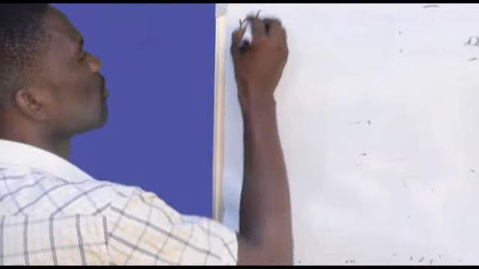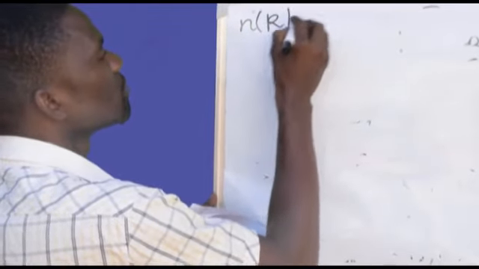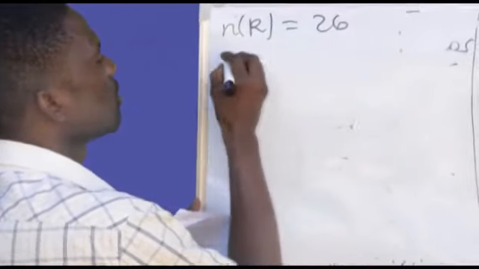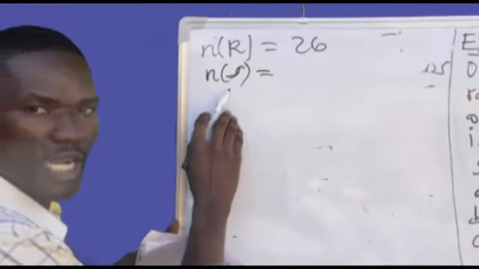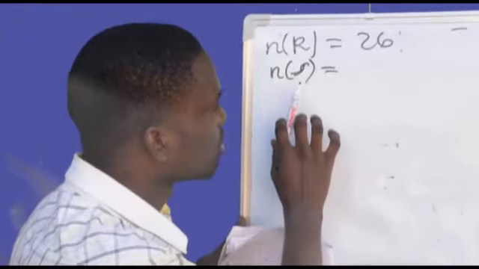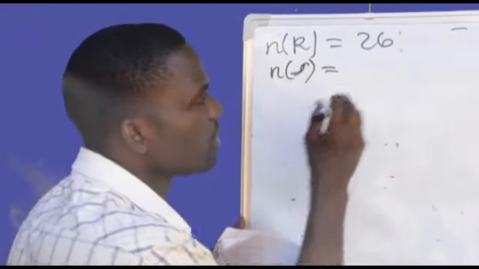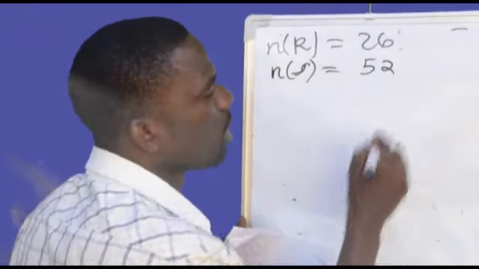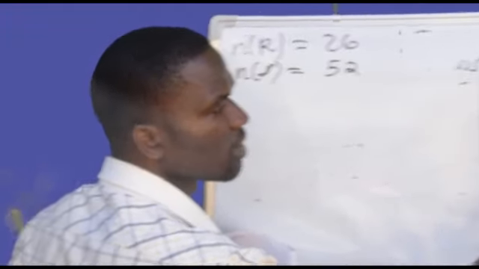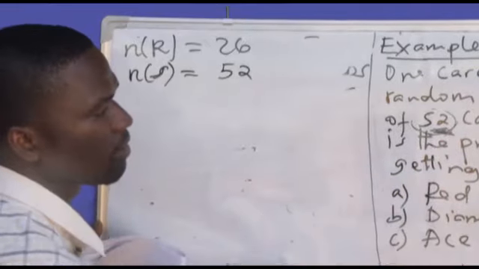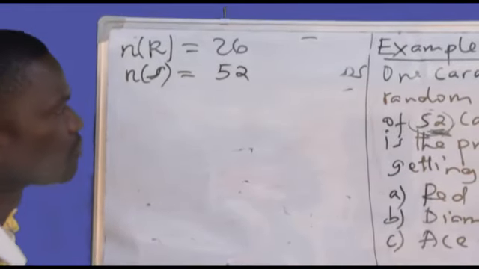The number of red cards is 26, while the sample space, which means the total number of cards available, is 52. How do you know this? Because it has been said in the question that the total number of cards is 52.